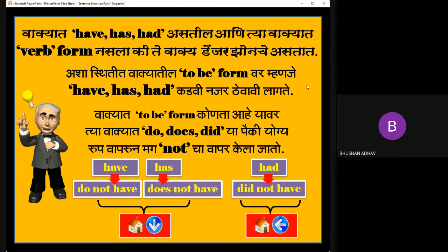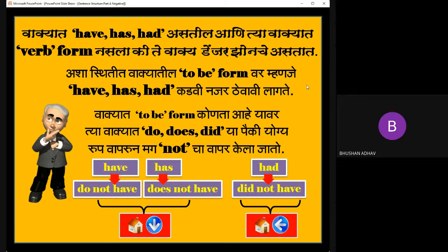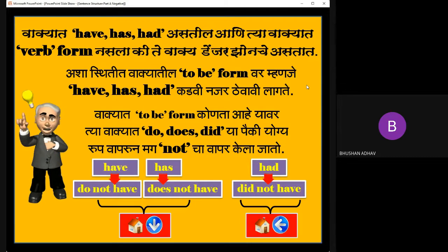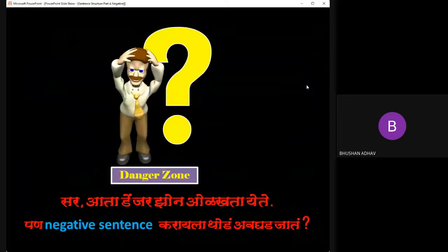Correct? So it is very simple. So if it is the case, then there is a solution. Don't worry about it.